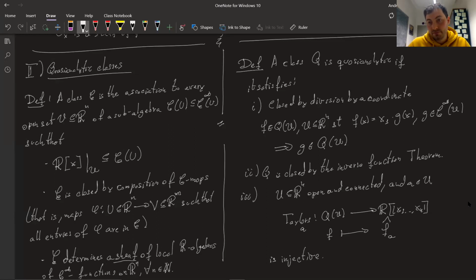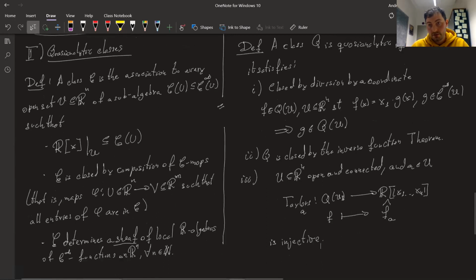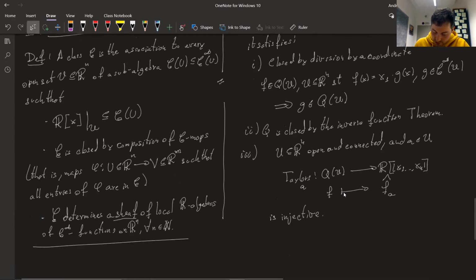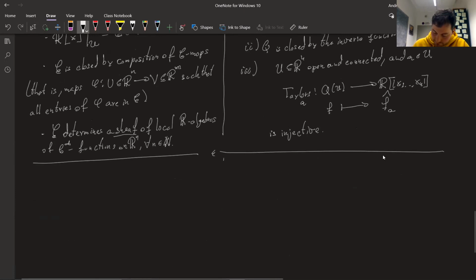So in particular, since it contains the polynomials, the function constant equal to 0 belongs there. So immediately we have as a remark that if it's a quasi-analytic class, then it doesn't contain flat functions.